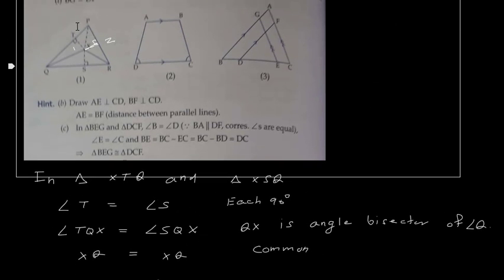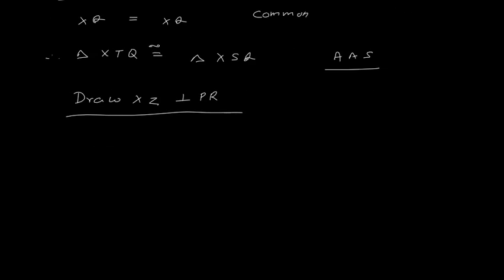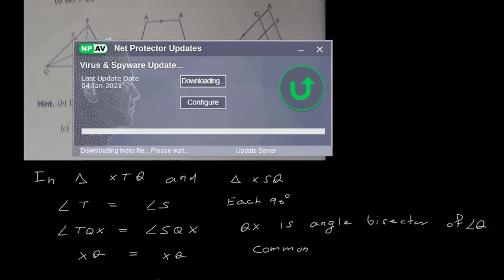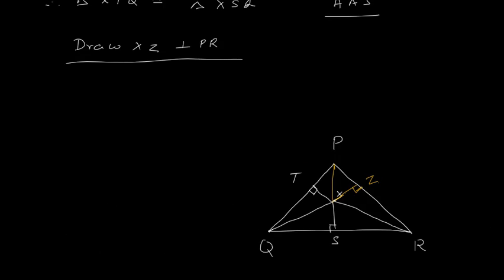Now I will redraw this diagram here, so that I do not have to scroll again and again. As you can see in this diagram, I have drawn this XZ perpendicular to PR, and I have joined this PX also.